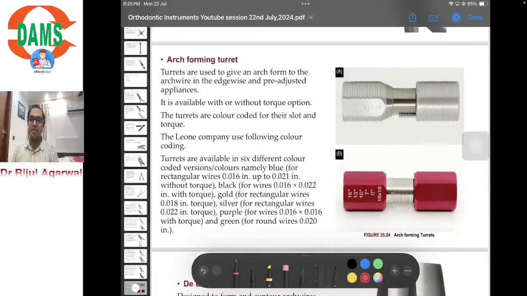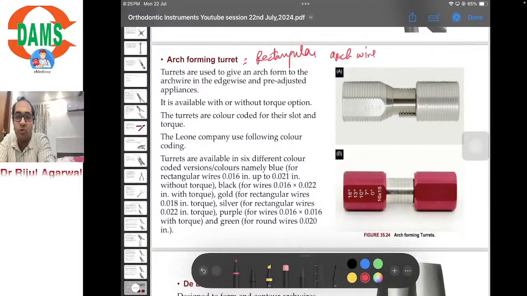Next is the turret or arch forming turret. So traditionally we used to have straight wires, we didn't have straight preformed arch wires. So to give the desired arch form, we used to use these turrets for making rectangular arch wire.